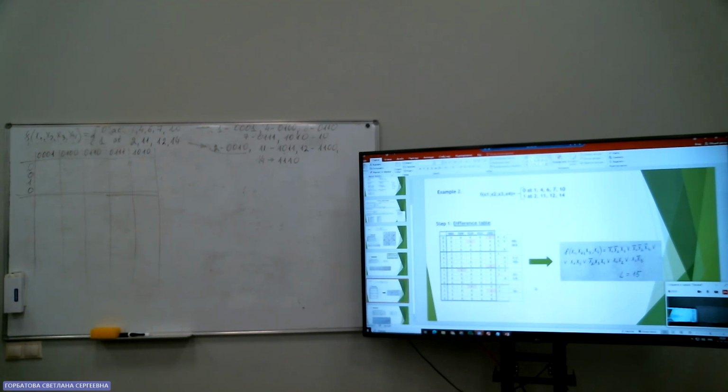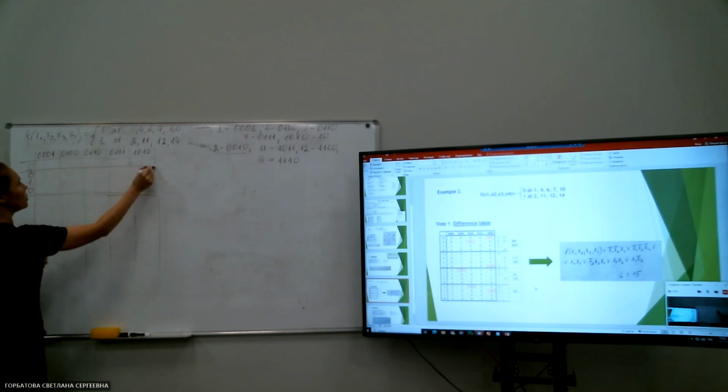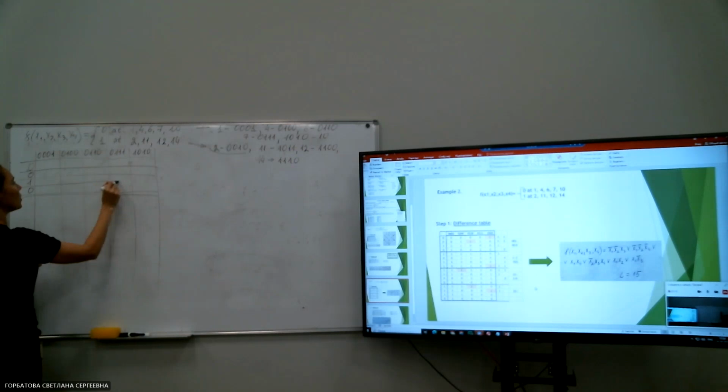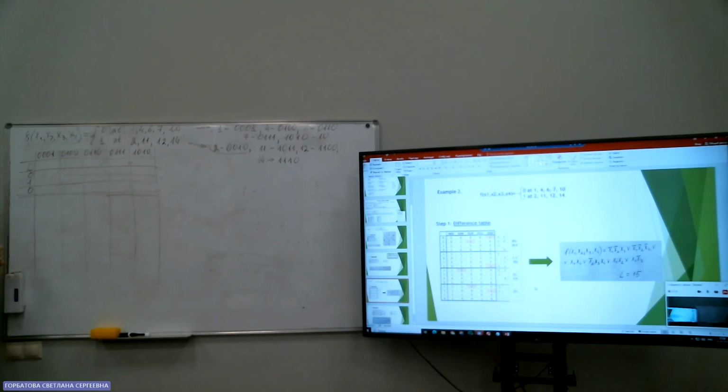And let's check the difference. So it's the same, it is 0 or empty. Let's use empty because it is more comfortable for us.